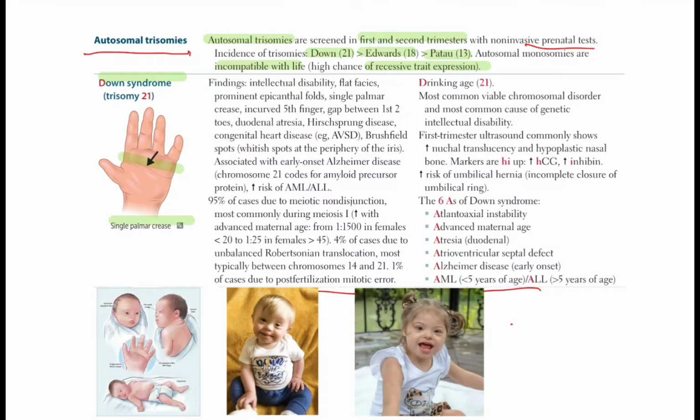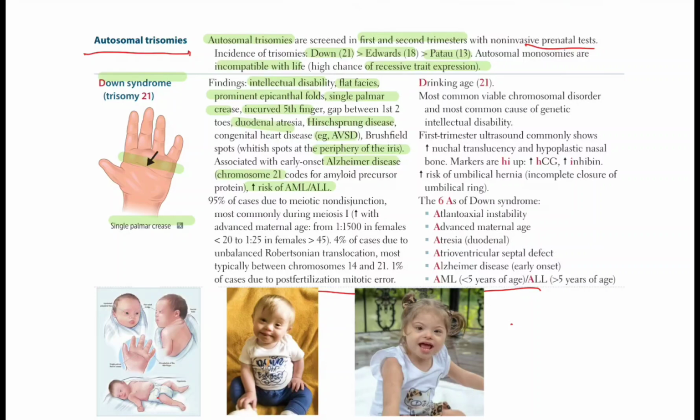Findings of Down syndrome are intellectual disability, flat face, prominent epicanthal folds, single palmar crease, incurved fifth finger, gap between first and second toes, duodenal atresia, Hirschsprung disease, congenital heart disease (AVSD), Brushfield spots, whitish spots at the periphery of the iris. It is associated with early onset of Alzheimer's disease. Chromosome 21 codes for amyloid precursor protein, and there is increased risk of AML and ALL.